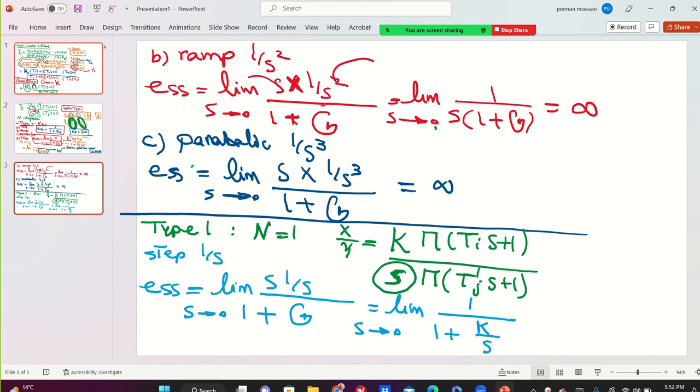Okay. This is going to be 1 divided by 0, infinity. 1 over infinity, 0. So when the system has one integrator inside itself, the steady state error is going to be 0, for a step.